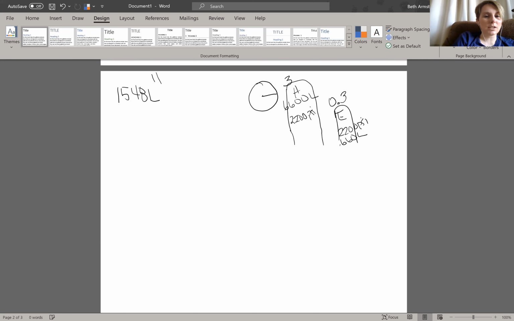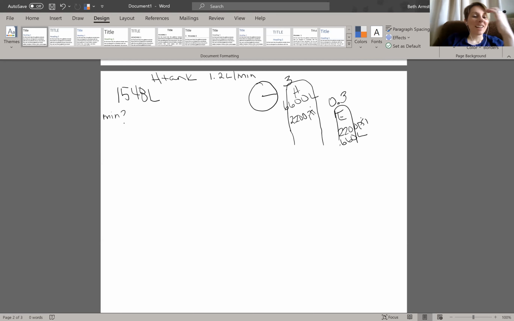So we have an H tank. You will be running your oxygen on your patients at roughly 1.2 liters per minute. How many minutes will you have left? How do we figure that out?